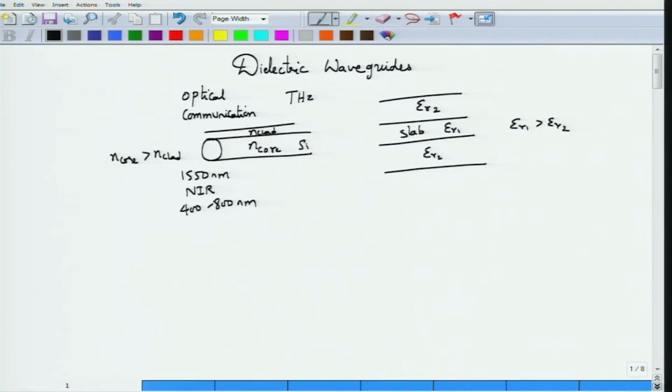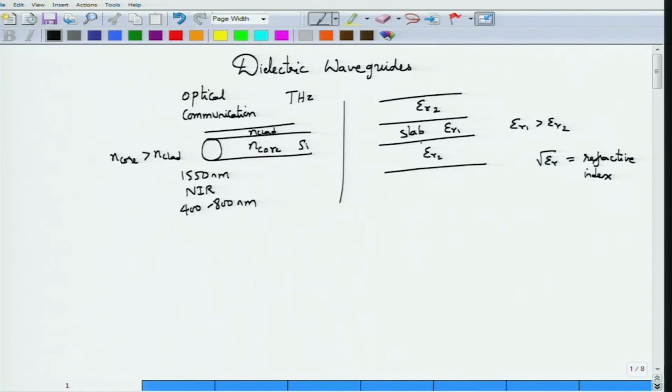In the previous case I discussed the refractive index, and now I am discussing relative permittivity, but these two discussions are equivalent because the square root of epsilon r is equal to the refractive index. So whatever I discussed for the optical fiber holds completely true for these dielectric slab waveguides as well.